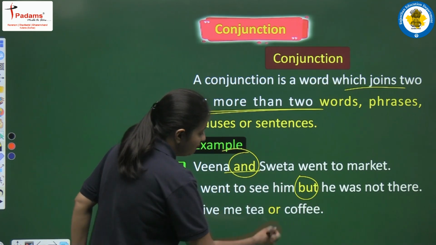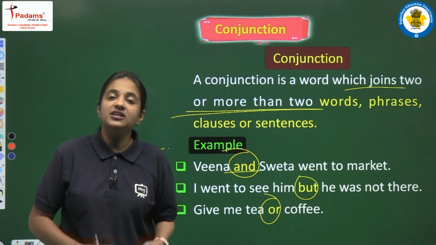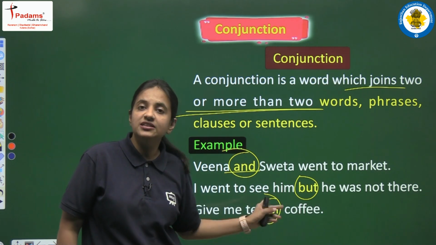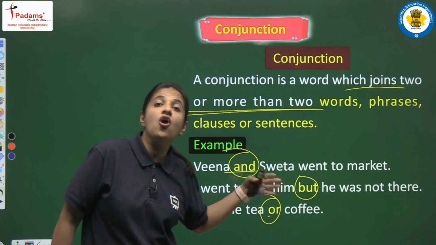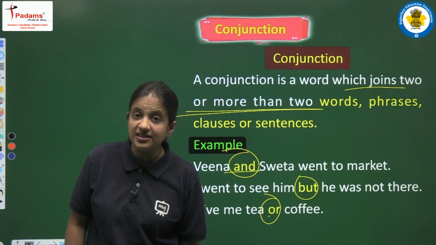Again we have one conjunction in the sentence, or. Or is again one of the conjunctions, and with its help we are connecting these two words, tea and coffee, and we are saying give me tea or coffee. Alright, so in this manner we have to use conjunctions.